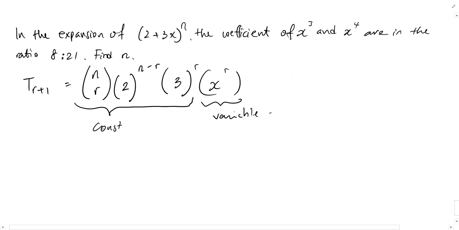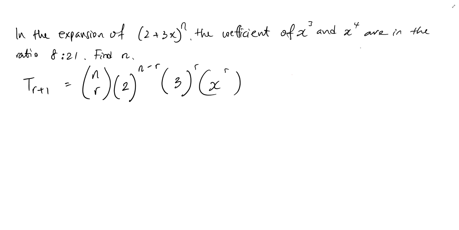What did they say about the coefficient of x cubed? The coefficients of x cubed to x to the power 4 are in the ratio 8 to 21. Find n. Now that I have my general term, what do I do next? Change the x term. Find r. So what's r? 3 and 4.